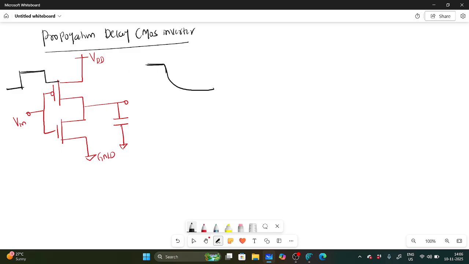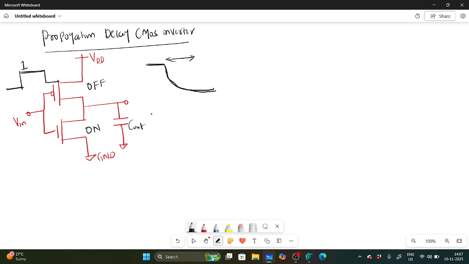When you give one, the PMOS will be off and the NMOS will be on. There is no connection between VDD and ground, so the capacitor will be discharged through the NMOS. This is C out.